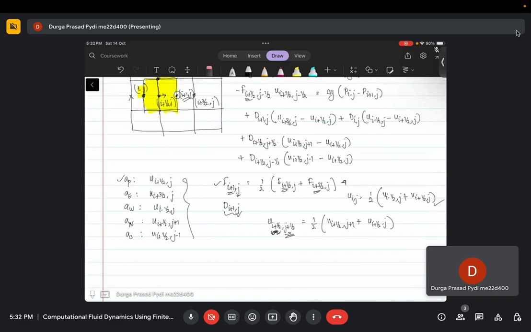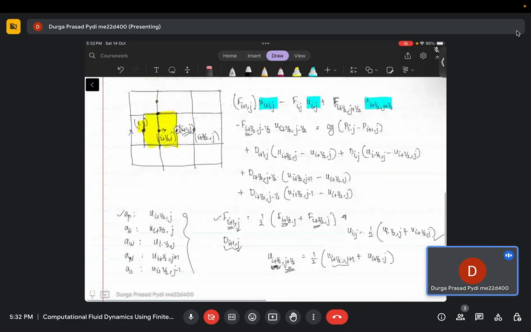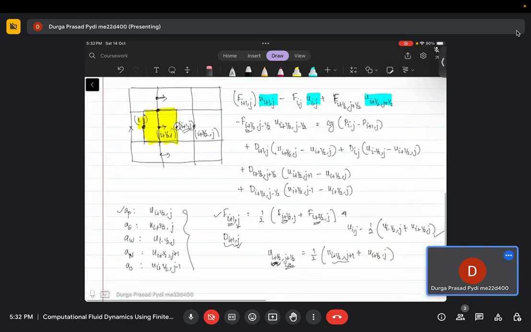So this is something you can see on the highlighted portion. U i plus half and j plus 1 is essentially this component, and j minus 1 is this component. So basically you are taking the north and south neighbors to calculate the value at the cell.